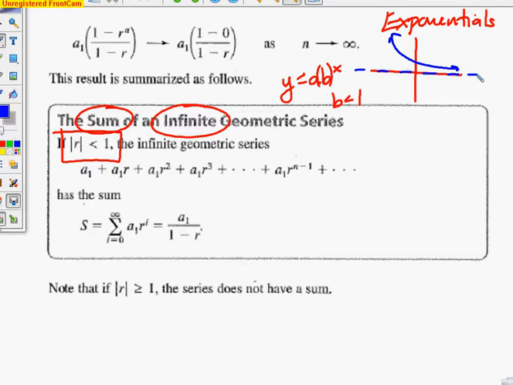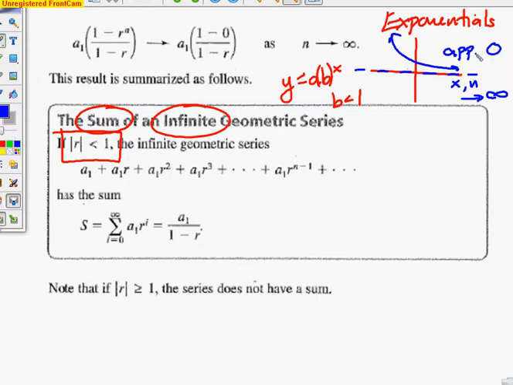So again, we got to think of this base as r. So now notice, as this goes to infinity, and again, this is the x-axis or the n-axis, as that goes to infinity, look at what happens to your graph. This is approaching 0.